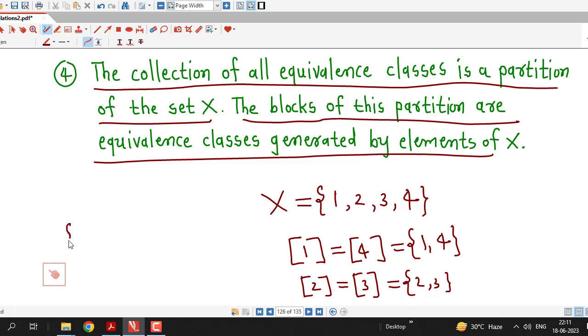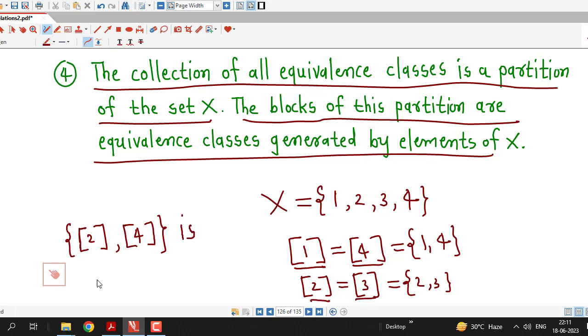So we have this partition. We have to write two disjoint equivalence classes. Either we can write {1, 4} or {2, 3}.